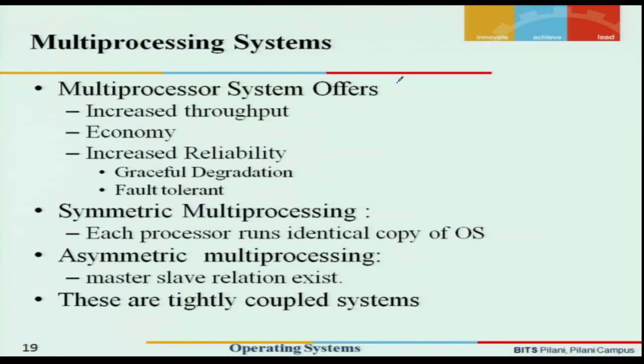Now another program which is executed on another processor tries to access the same memory area. What happens in such a case? The programs are executing on different processors. They would be making requests for the IO devices. How are the resources going to be allocated to the devices?